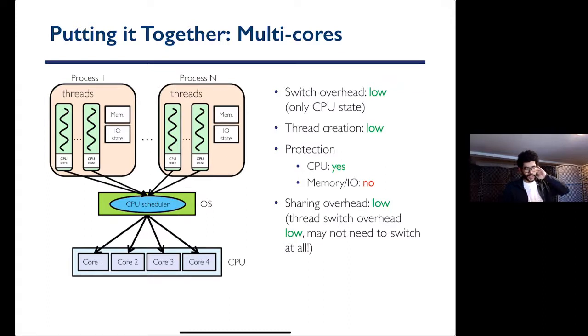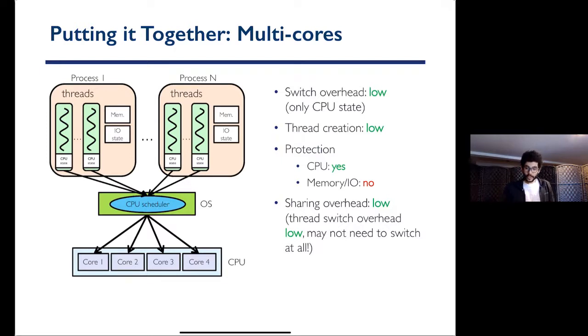One thing is that when you're sharing, it could well be the case that you don't even need to context switch, right? In the previous case, when you had one CPU, although your threads share the memory, they're still competing for the CPU. So if one thread wants to write something for another thread, at least we need to do one context switch between these two threads.